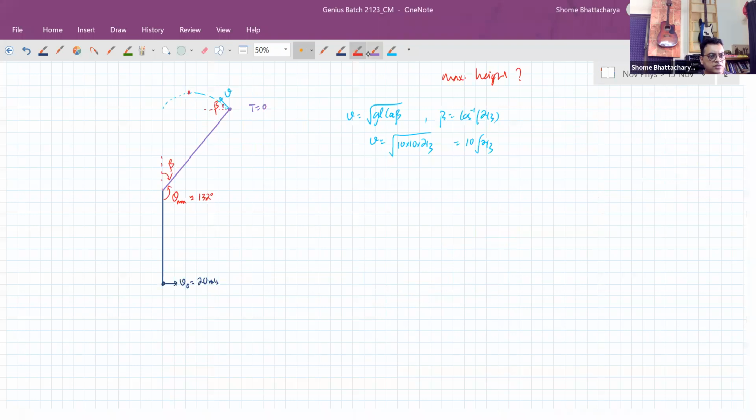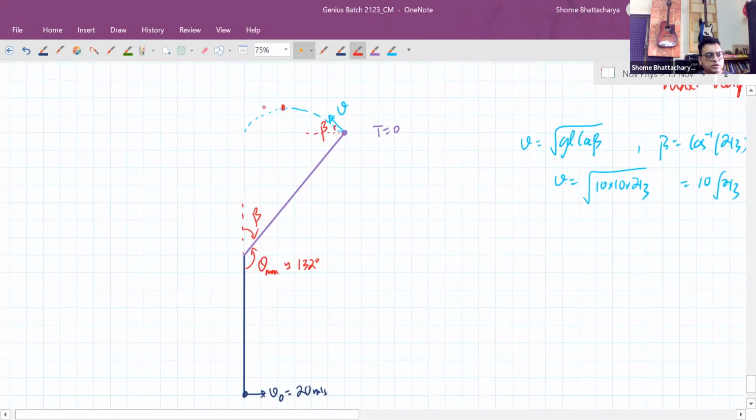So when it reaches this critical highest point, what will be the velocity? It will be the horizontal component of this V. So it will be this Vx, which is V cos beta. So now we can do something interesting to get a direct answer. What I'm looking for is this maximum height only, no? From where it started.